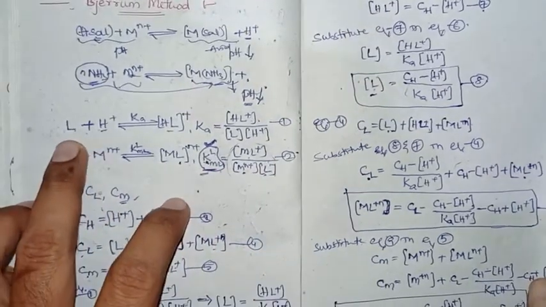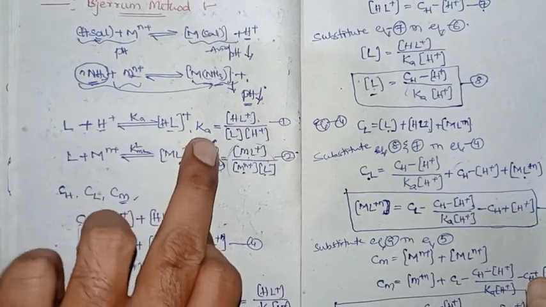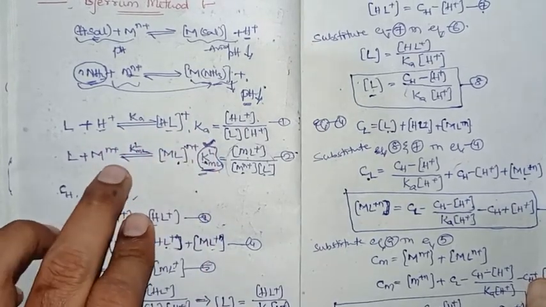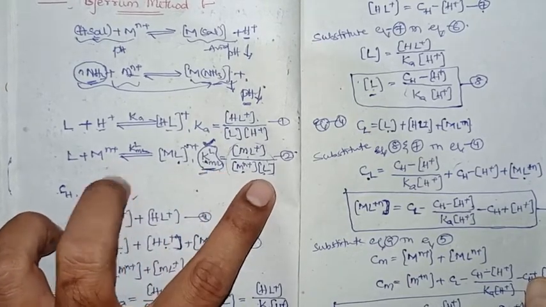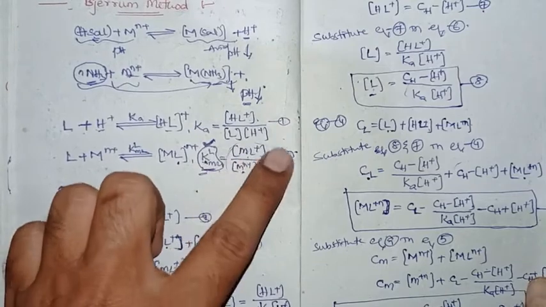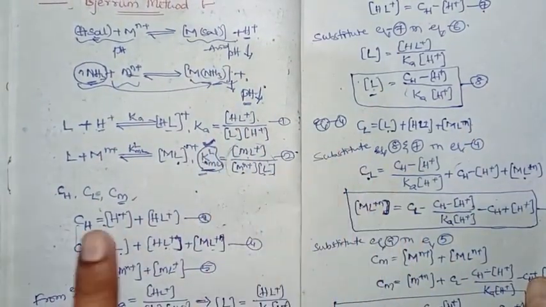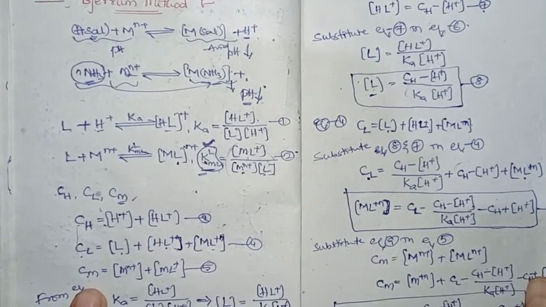Initially we go with the ligand reacting with proton and its association stability constant, and the metal ligand complexation results in the stability constant equation, where the three unknown terms have to be converted into known terms. For that, the initial concentrations of proton, ligand and metal are considered.